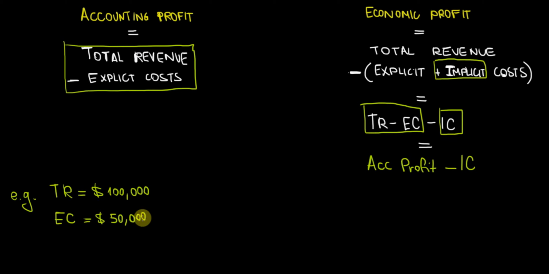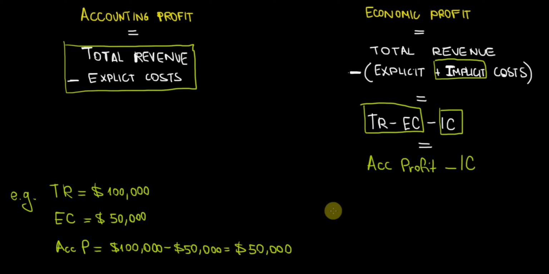Those are the wages and, let's say, the building that we have to run our business. The difference between them, the accounting profit, is going to be $100,000 minus $50,000, which gives us a $50,000 accounting profit.